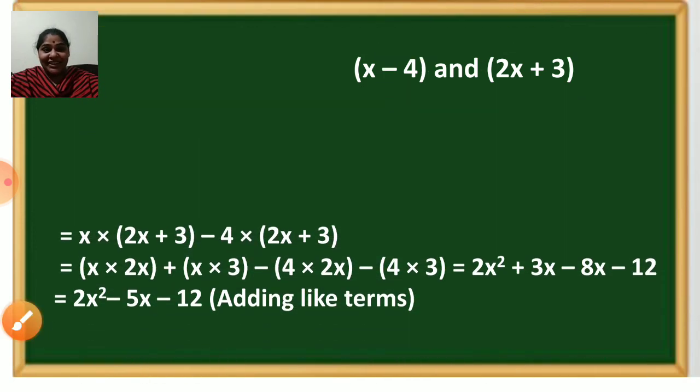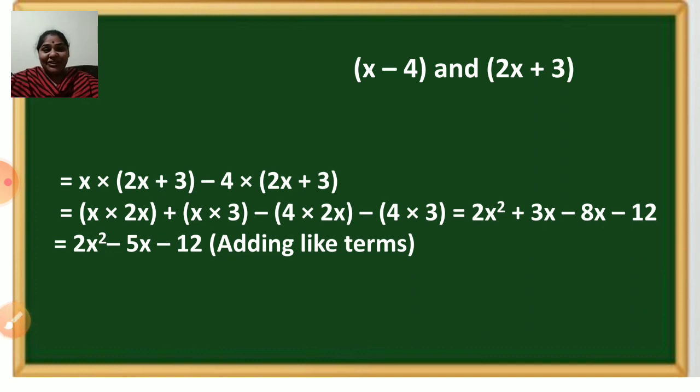Now let us see once again the solution. So here if you see, the first term from the first expression is multiplied to the second expression. The second term is multiplied to the second expression. So one by one we have multiplied it. Now x into 2x will be 2x squared. x into 3 will be 3x.